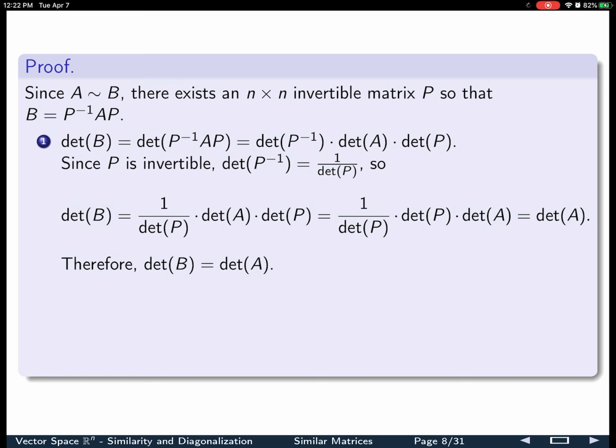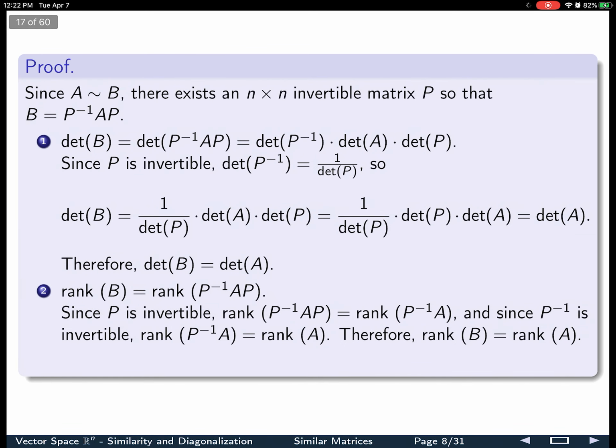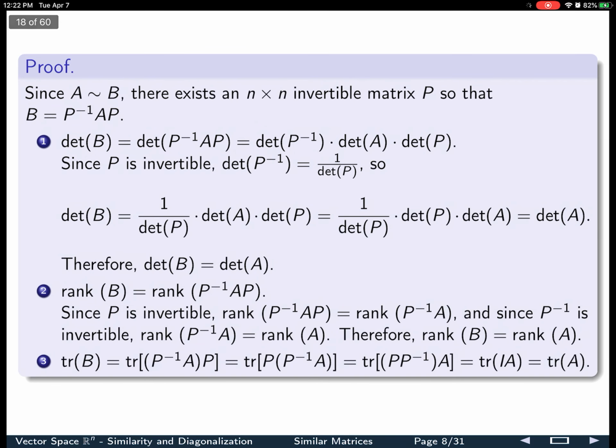So that's cool. The rank also: in order to have an inverse, P has to be a matrix of full rank, of rank n. And so when you multiply by a matrix of rank n, you're not going to change the rank of the matrices that you're using. So that's why number 2 works out.